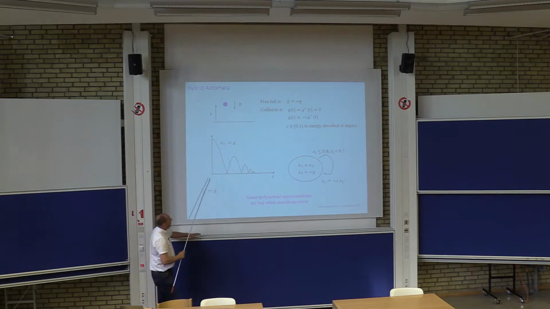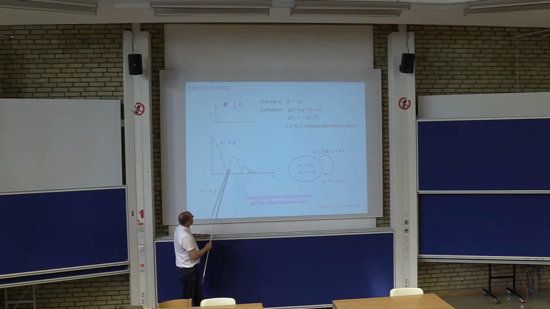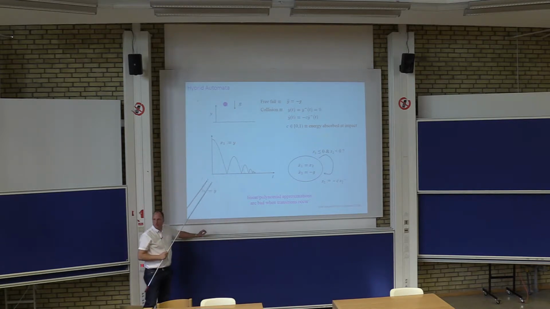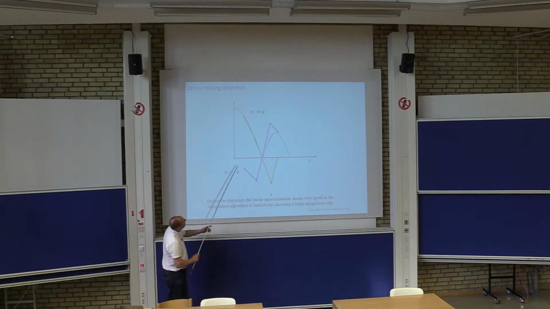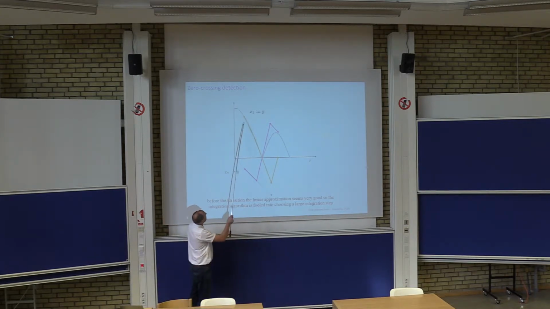And another problem with these type of systems is that when we simulate them, we have variable step size. So at this point, where the height equals 0, we should do a bounce, right?